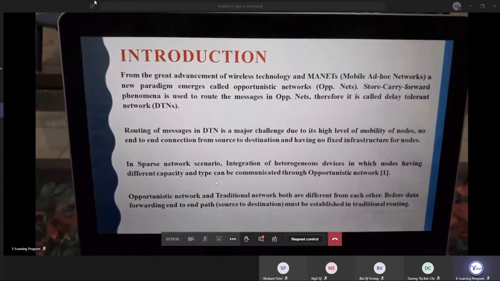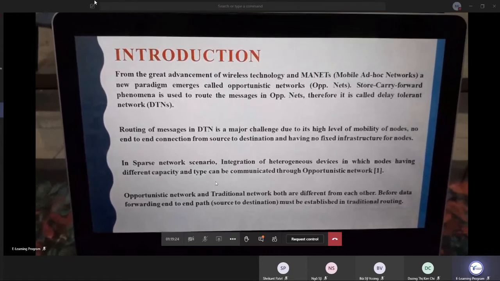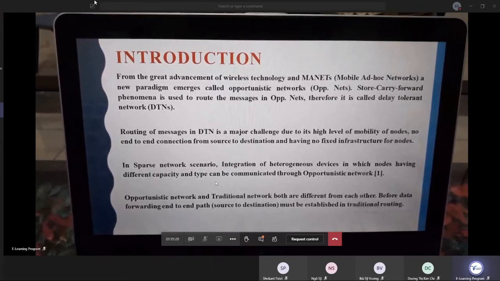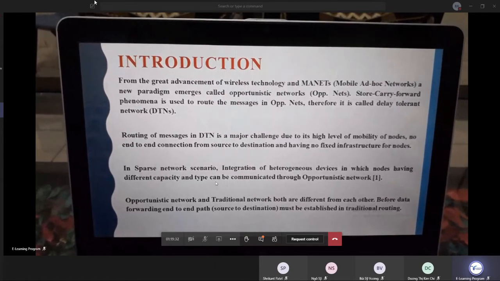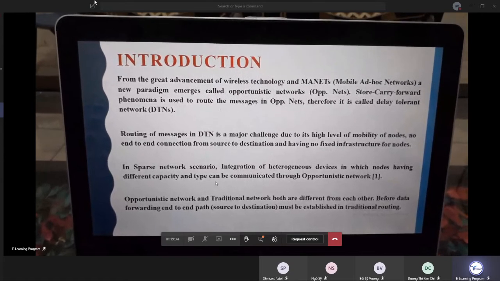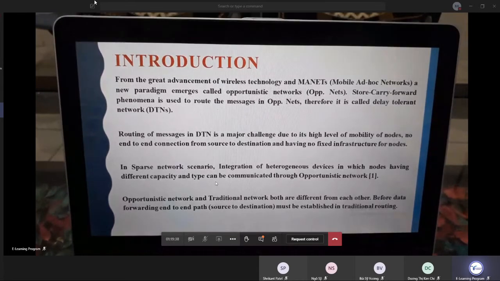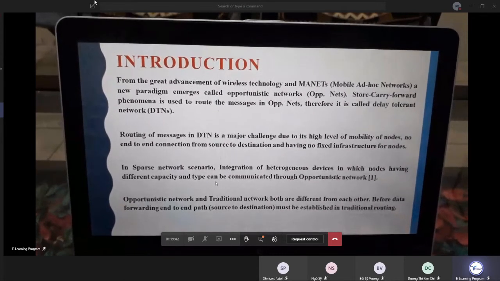Routing messages in delay tolerant networks is a big challenge because of its characteristics: a high level of mobility of mobile nodes, and there is no end-to-end connection from source to receiver node.